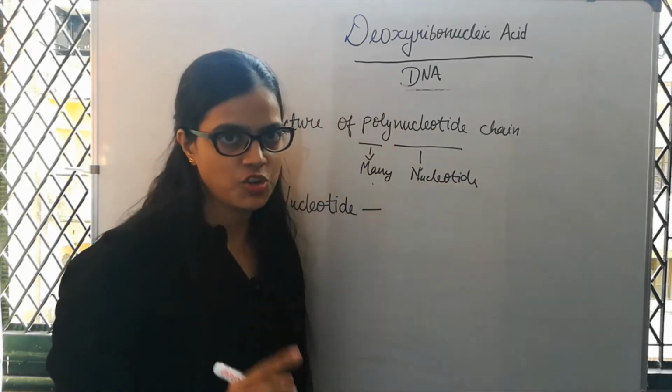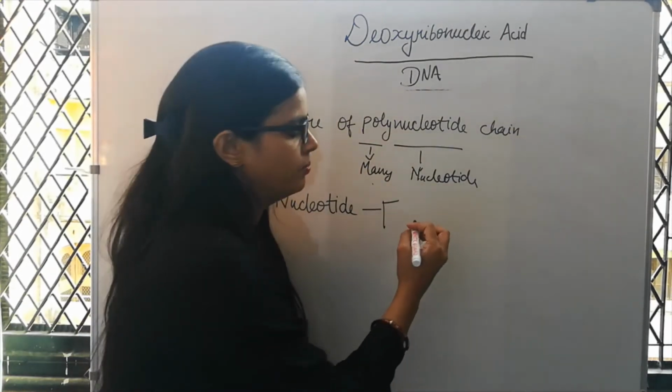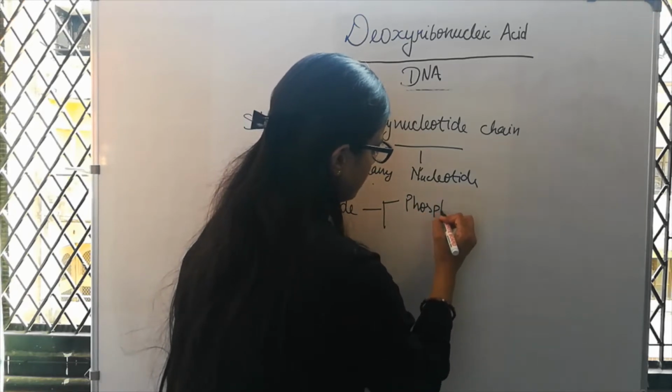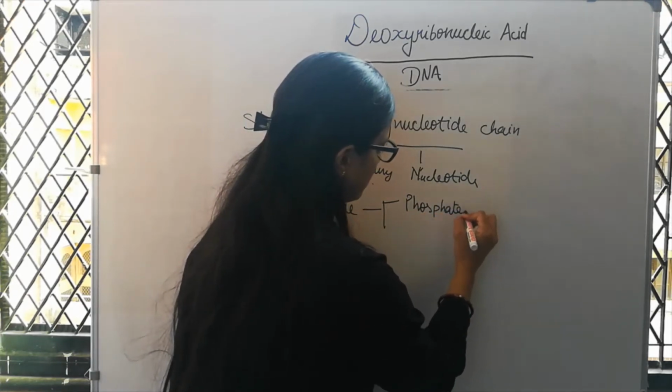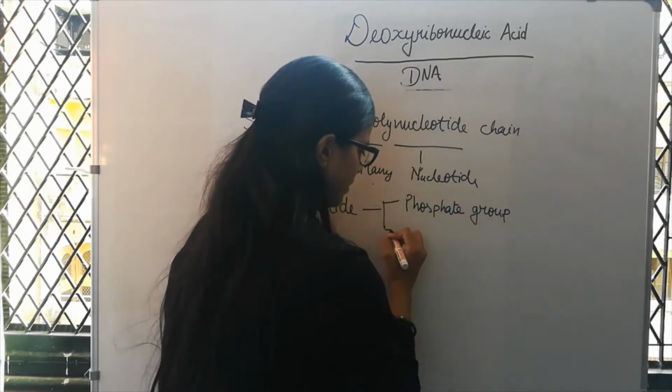The three components are, first, phosphate group. Second one is sugar.